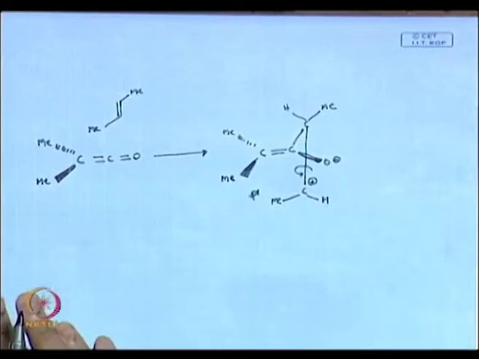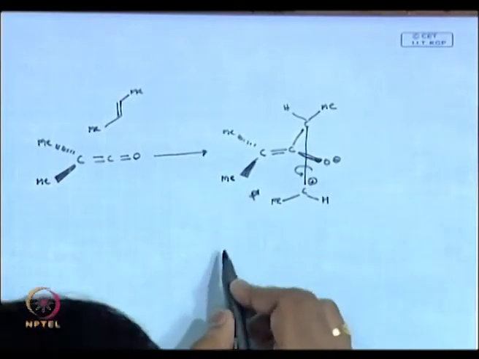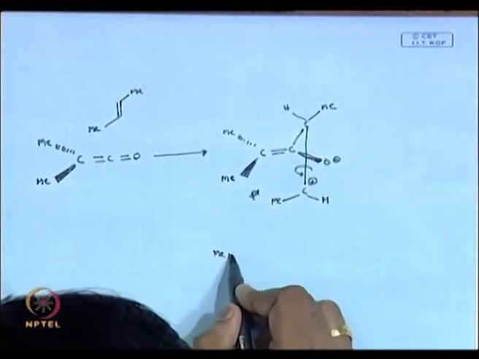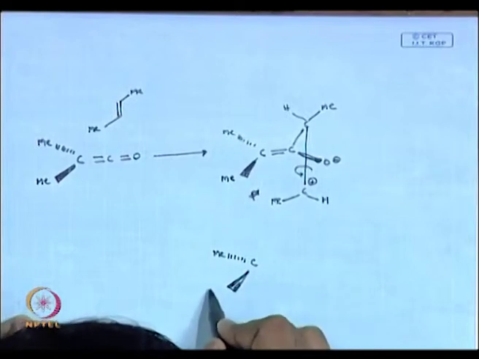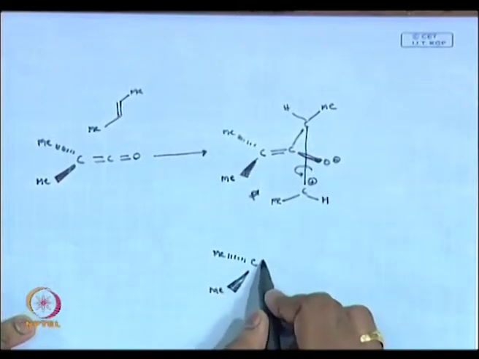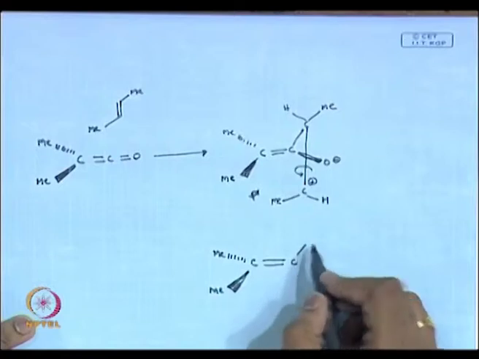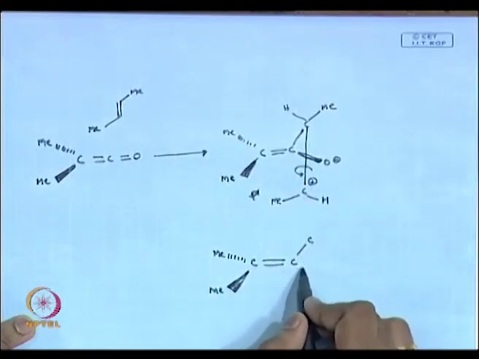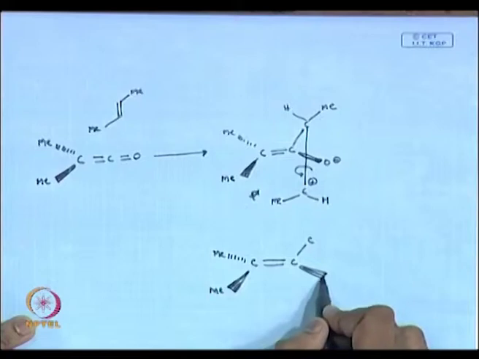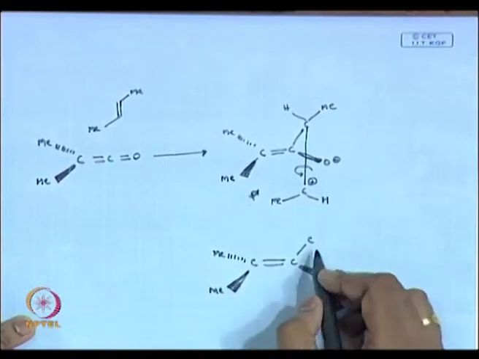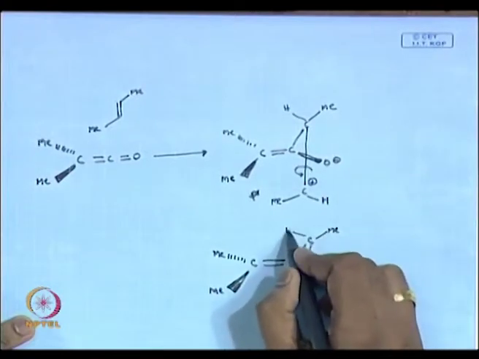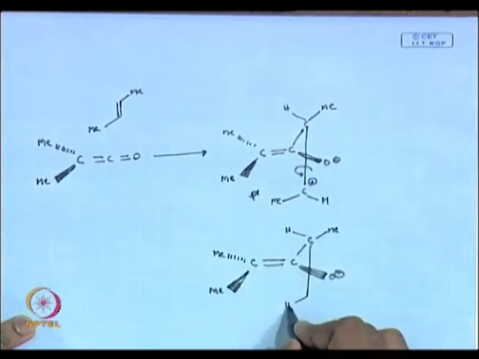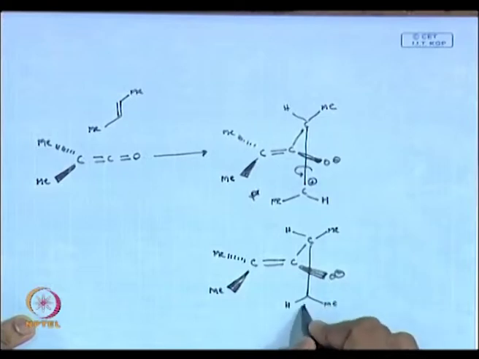If they undergo rotation, you can get hydrogen on this side and my methyl the other way around.